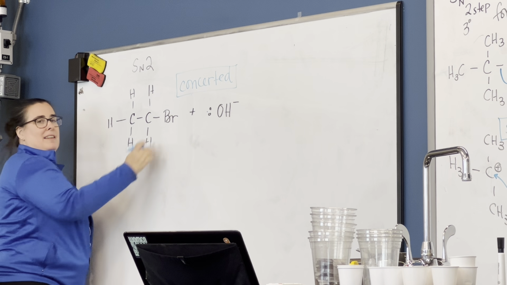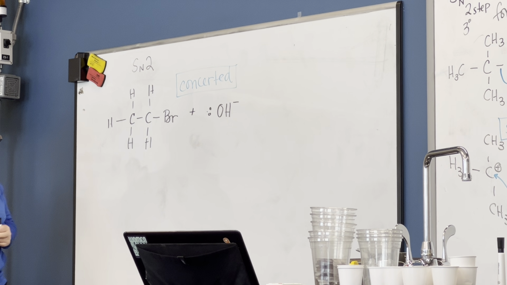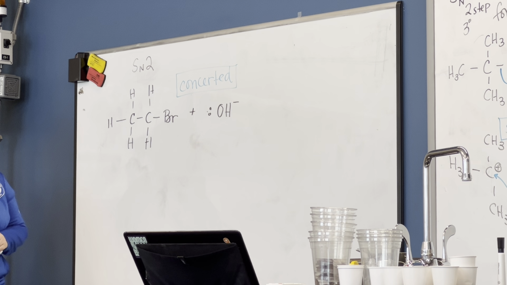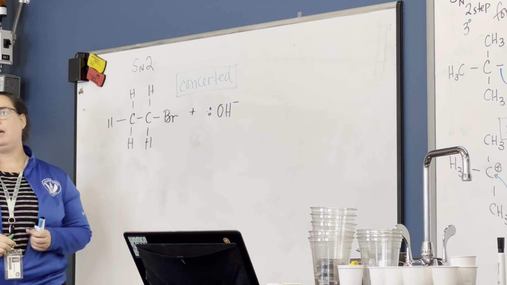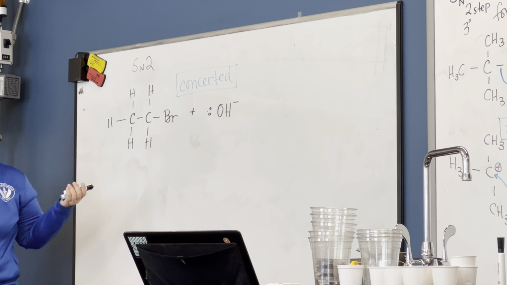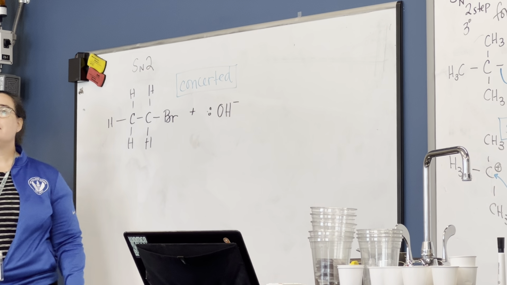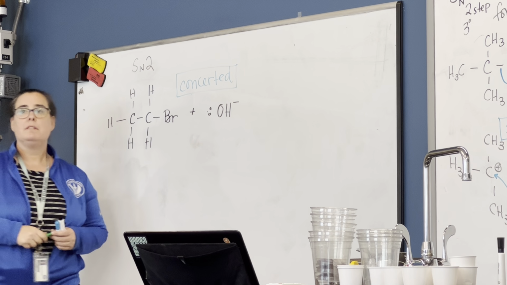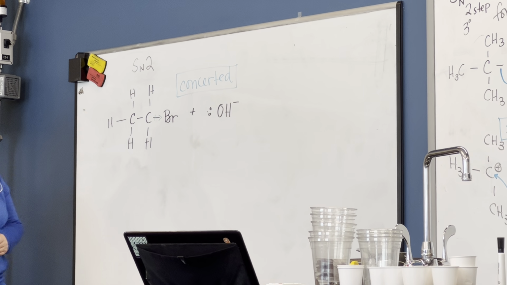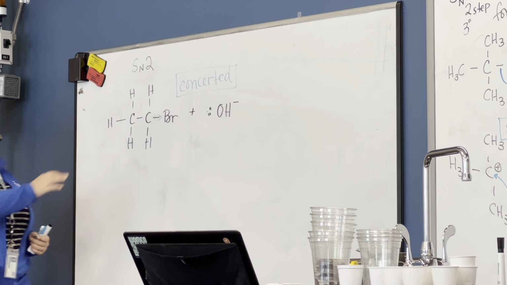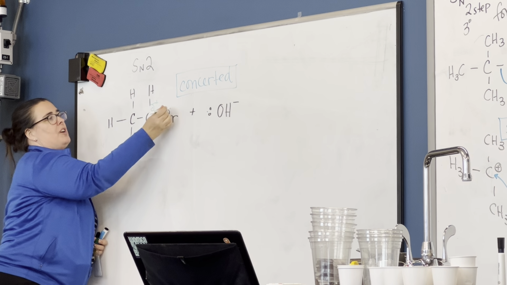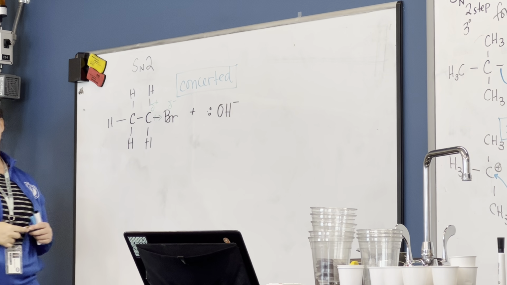I have a carbon-bromine bond. Could you comment on the relative electronegativities of carbon and bromine? It's a halogen. Okay, so bromine is more electronegative than carbon, so this bond is polar, and the carbon is going to have a partially positive charge, while the bromine is going to have a partially negative charge.